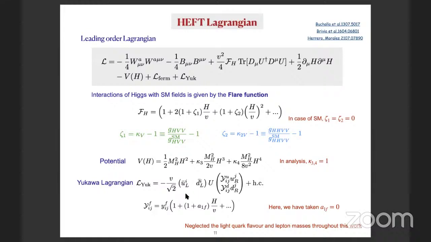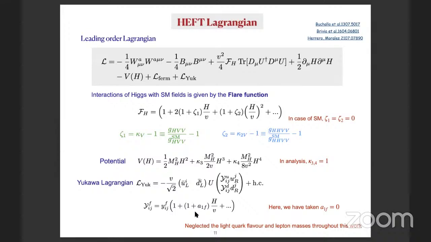So in our framework, it is written again using the U matrix. Here, these curly Y's have a similar structure to F_H, and this curly F_H is also known in the literature as the flare function. So I'll call F_H the flare function from now on. In similar notation, these curly Y's are written.